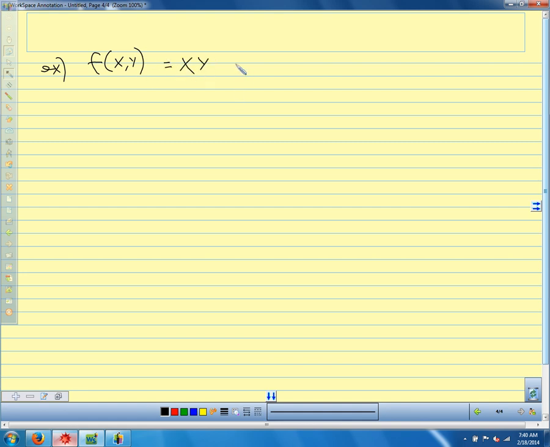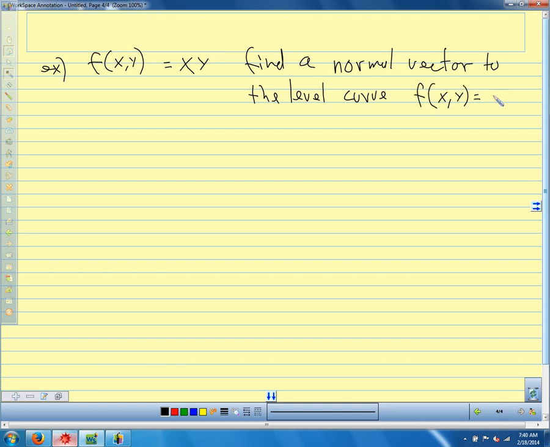We want to find a normal vector to the level curve f of x,y equals -3 at -1, 3.